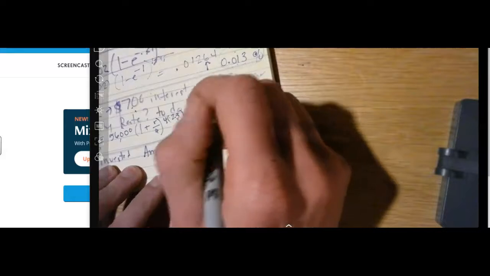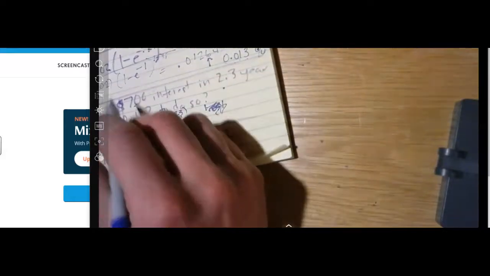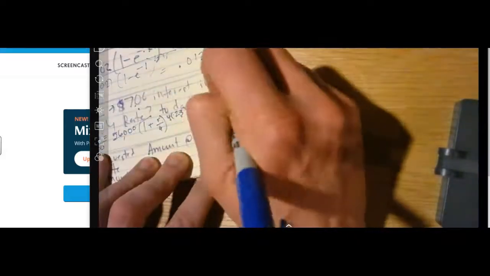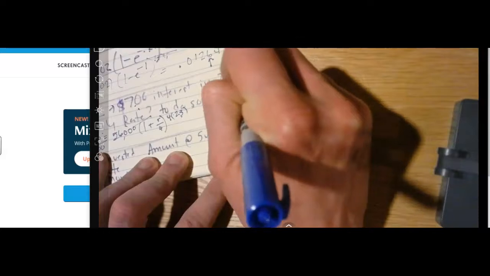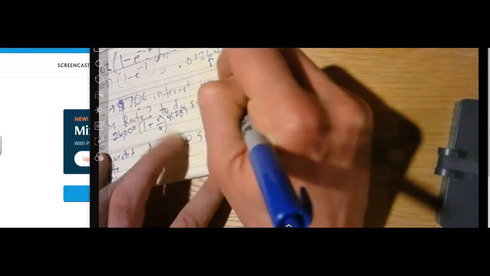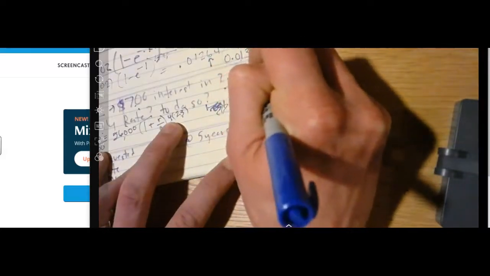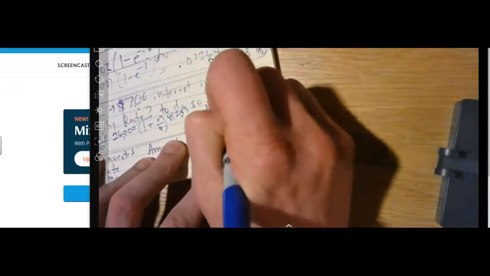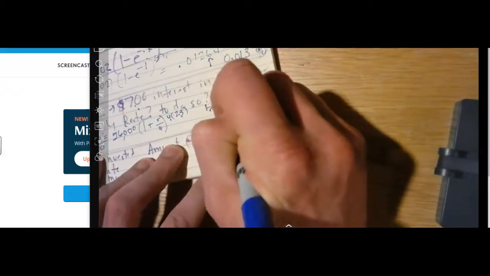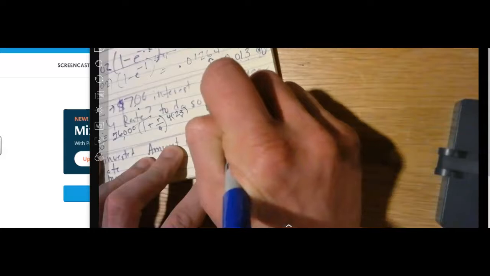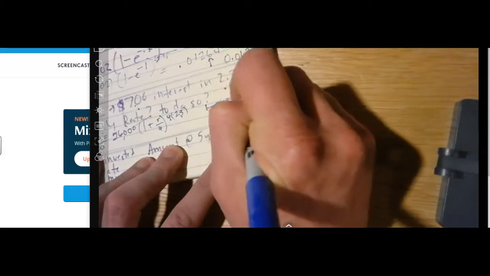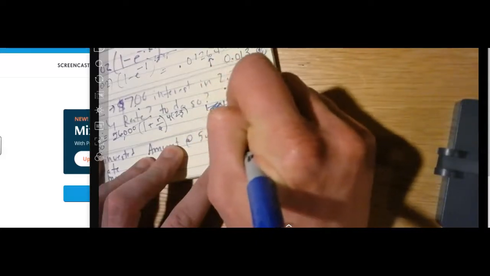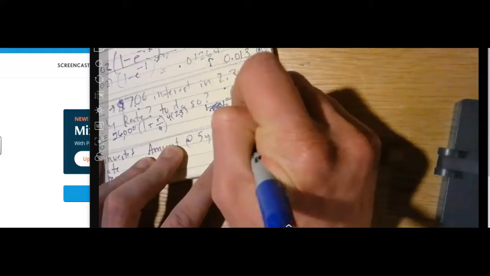So in order to get that, we have to divide by 56,000 on both sides. That divides that out. So we're going to be left with 1 plus r over 4 raised to the, multiply that out, it's going to be 9.2 power, okay, is equal to whatever that decimal happens to be, 56,700 over 56,000.